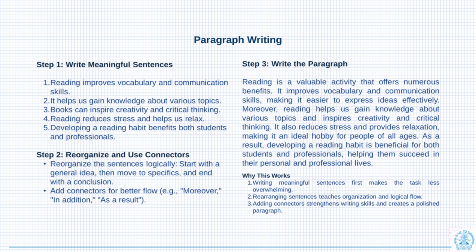For essay writing, do the same thing, but when it comes to a particular point, for example, reading improves vocabulary and communication skills, let this be your paragraph and elaborate on it. Write 2 points for reading improving vocabulary and write 2 points for reading improving communication. This will give you a 5 sentence paragraph which will be well structured and meaningful. The 5 sentences given here will help you construct 5 individual paragraphs for your essay.